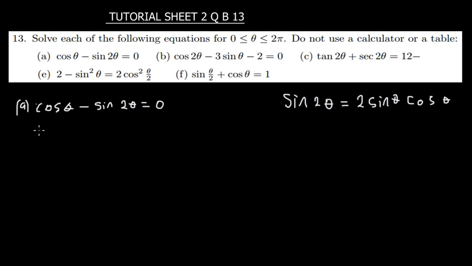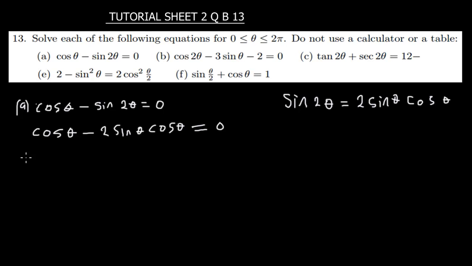Then you have cos theta minus 2 sine theta cos theta, which is equal to 0.